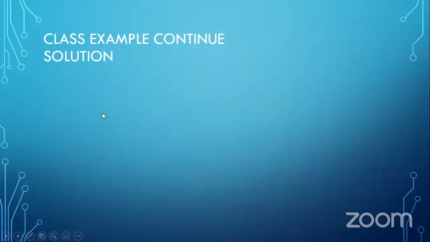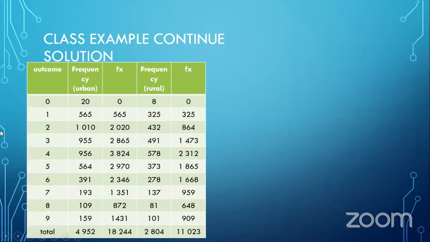So 0 multiplied by 20 is 0. 1 multiplied by 565 is 565. 2 multiplied by 1010 is 2020.